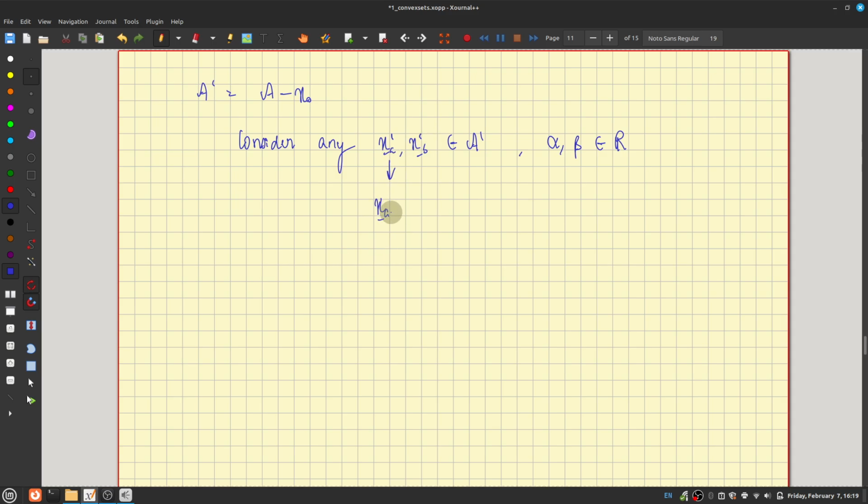I can write xa prime as some xa minus x naught, and similarly I can write xb prime as some xb minus x naught, where xa and xb belong to A, correct? So what is alpha times xa prime plus beta times xb prime?